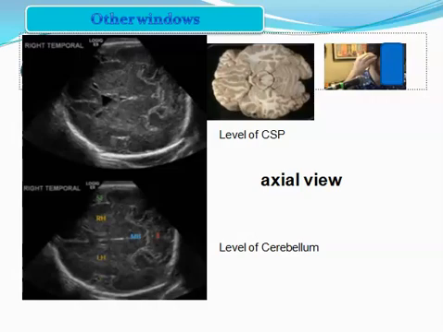If you turn your probe a little bit more superiorly, you will see the cavum septum pellucidum also, and these small tiny anechoic fluid-filled slits, which are the anterior frontal horns of the lateral ventricles. If you angle more superiorly, you will see the left and right hemispheres. These are the images you take when you are using the temporal window.